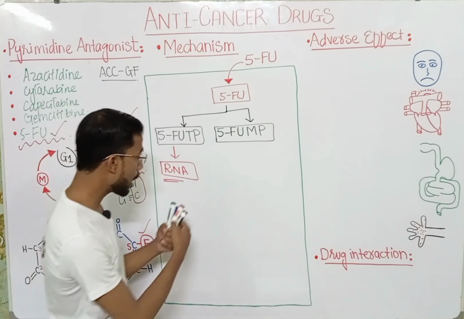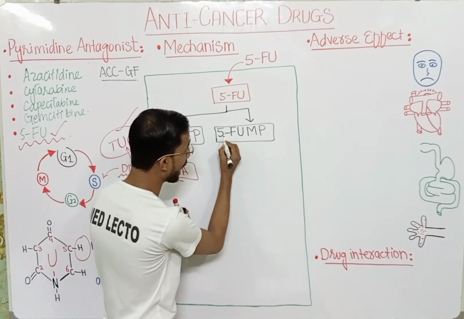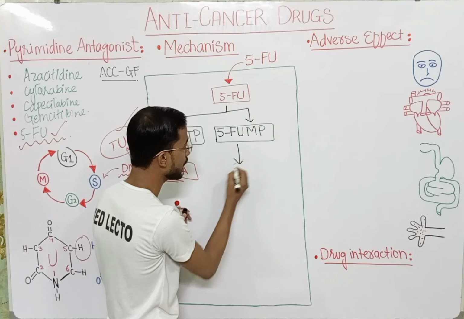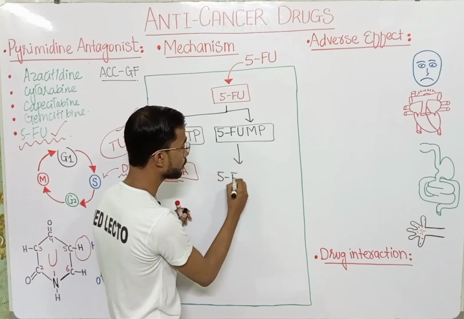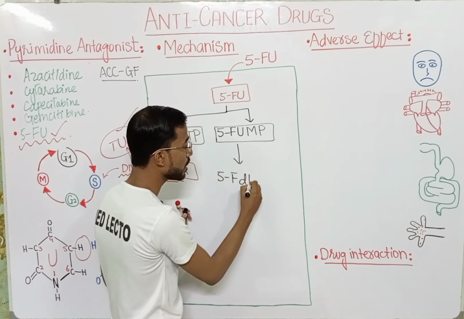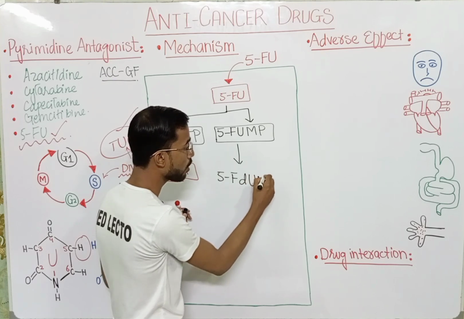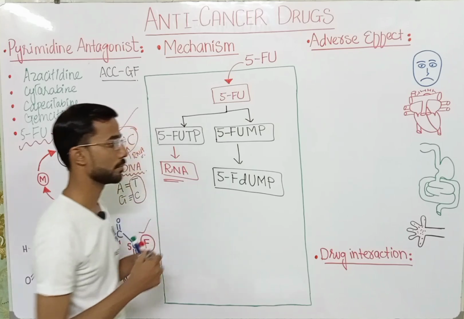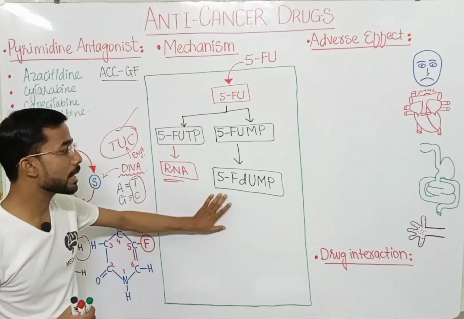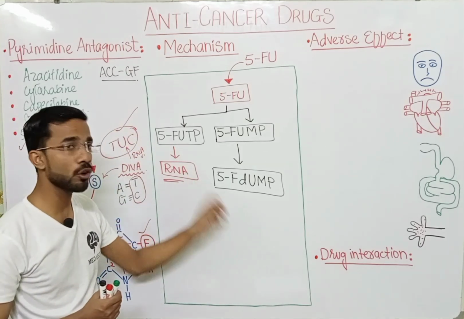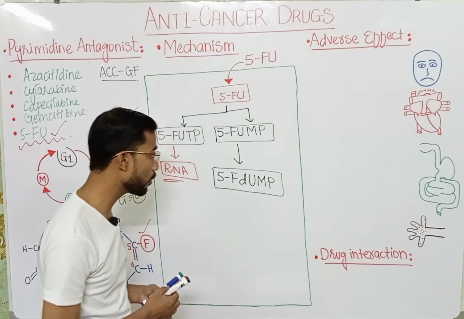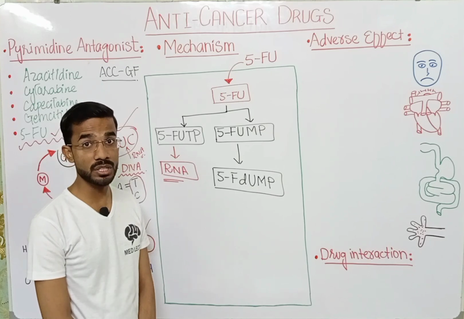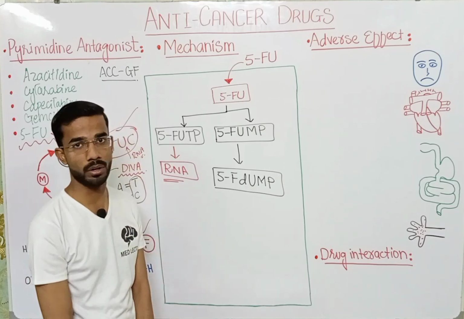Next, 5-fluorouracil monophosphate will convert into 5-fluorodeoxyuridine monophosphate. This compound is very important. It blocks the synthesis of the most important compound.